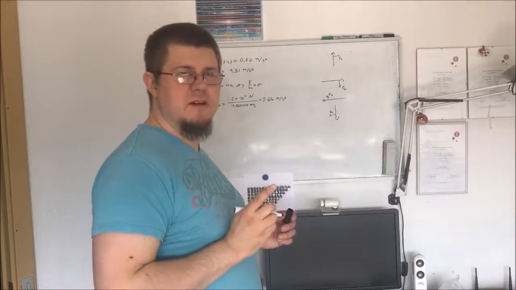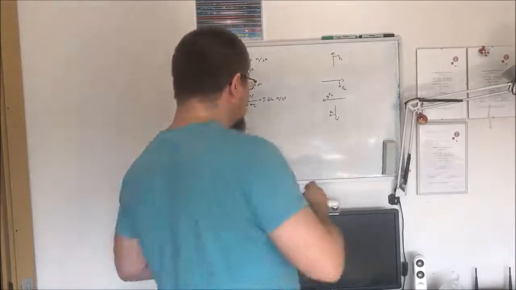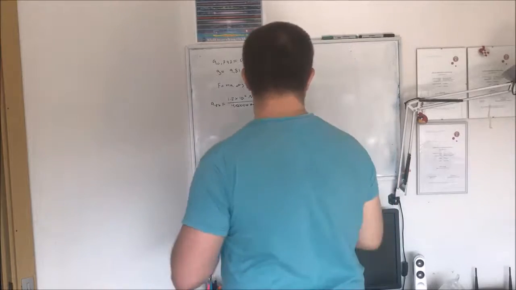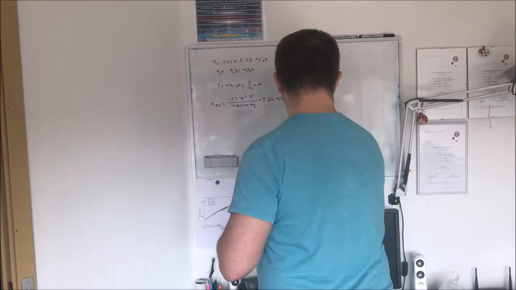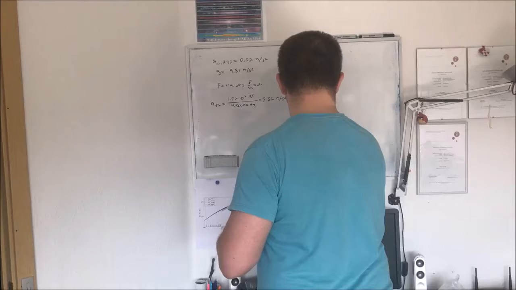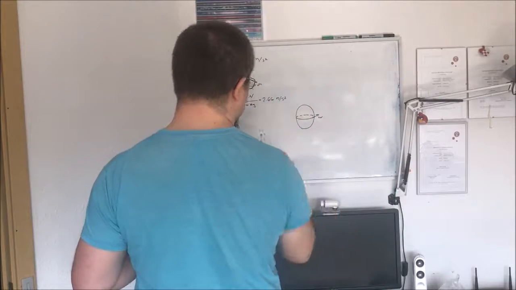So when do we have an anti-clockwise and clockwise rotation? Now, let's say again that we have an Earth here rotating in this direction. So it's rotating like this.